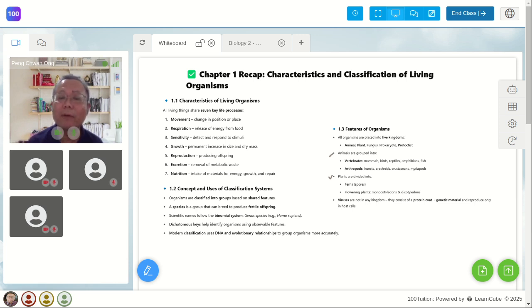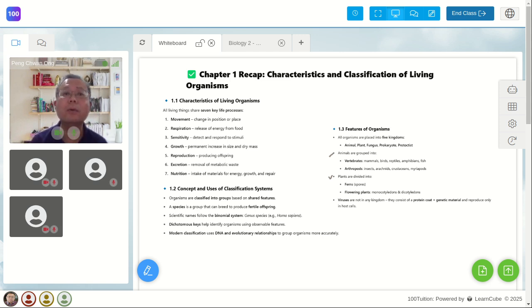We also learned about viruses. Although a virus is not a living organism, it takes over the host, so it is included in the syllabus. We just need to know that a virus is not a living organism and only consists of a protein coat and genetic material. That's what we learned in chapter 1.